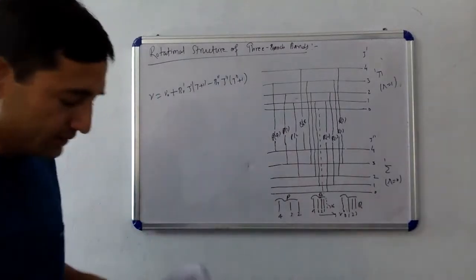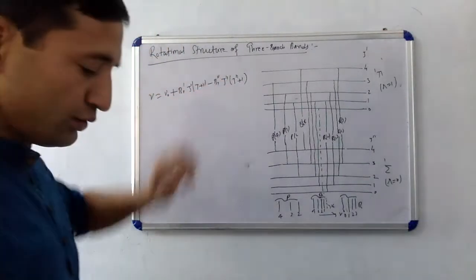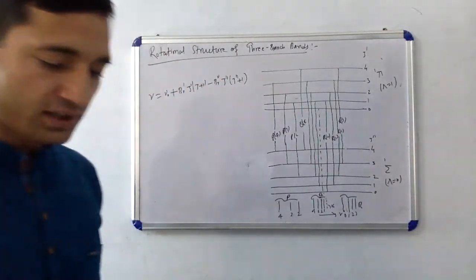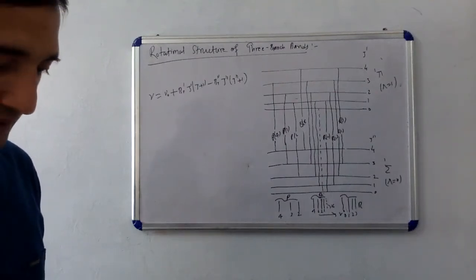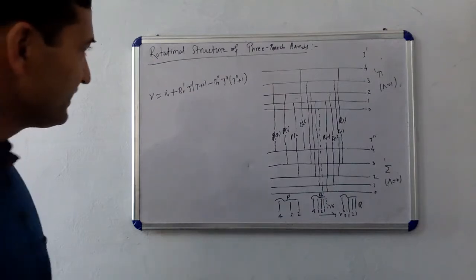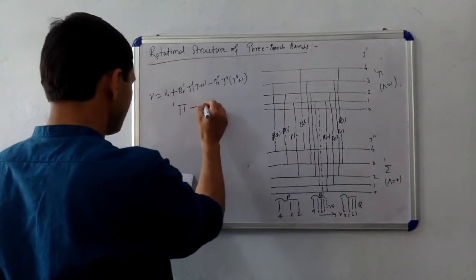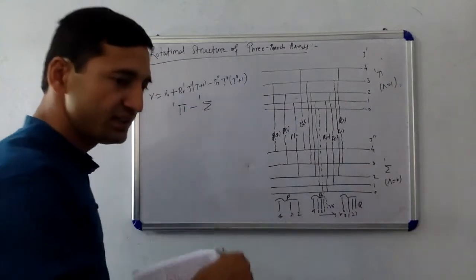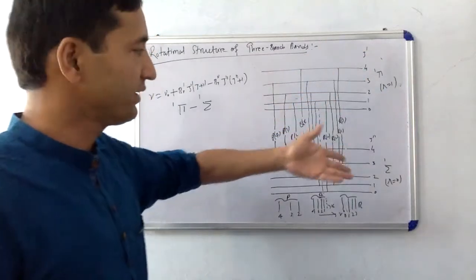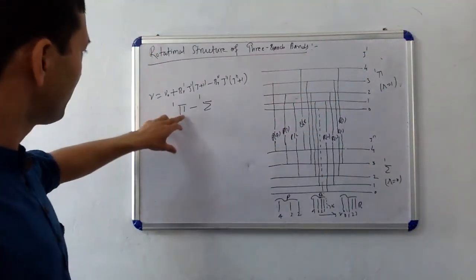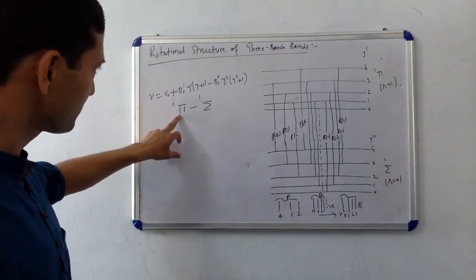This was another correction. Now we know that B′ᵥ and B″ᵥ are the rotational constants for the upper and the lower states. Now, considering the transition for the electronic states, these are the Π to the Σ. Yesterday we defined this Σ for our clarity. Now here we are defining this for the symmetric axis system.